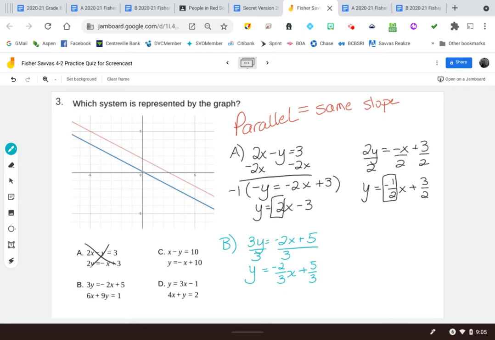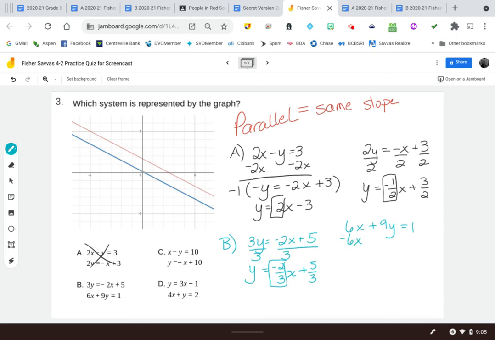So in that equation, my slope would be -2/3. Now the second equation is 6x plus 9y equals 1. Again, you could find the slope because that's in standard form. It is the opposite of a over b. But for those of you that like slope-intercept form, I'll do that right now.